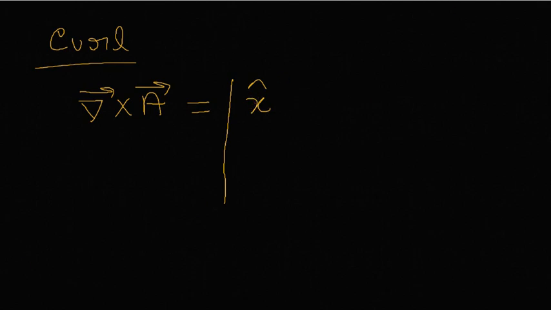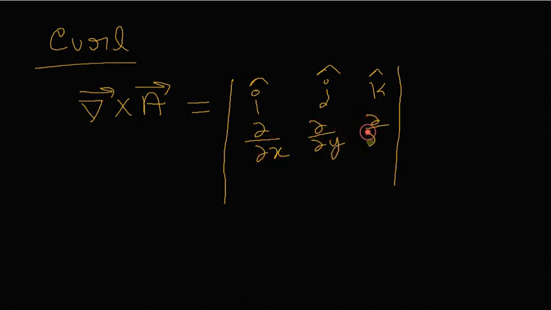We know that the value of del is i cap del/del x plus j cap del/del y plus k cap del/del z, and the value of A is ax i cap plus ay j cap plus az k cap. So we can write this in determinant form as i cap, j cap, k cap, then del/del x, del/del y, del/del z, and then the vector components ax, ay, az.